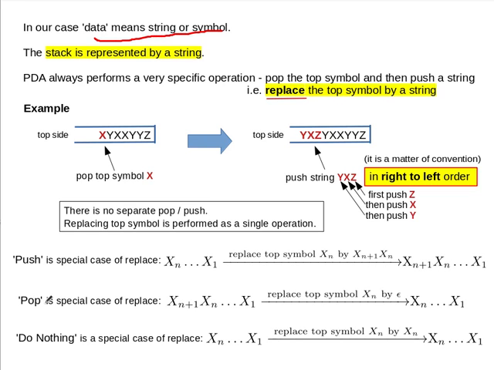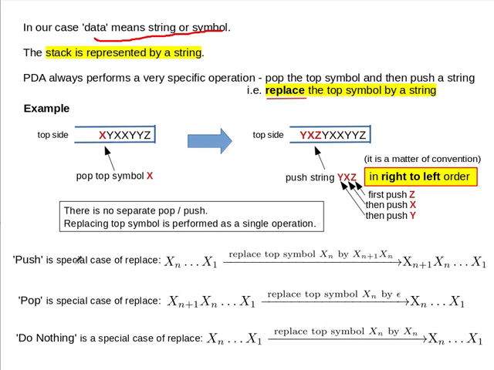Similarly, the pop operation can be simulated, because this is a string and it can also be an empty string. So if you replace the top symbol, say xn+1, by this empty string, then you are removing this symbol and pushing back nothing, so in fact you are just removing one symbol.